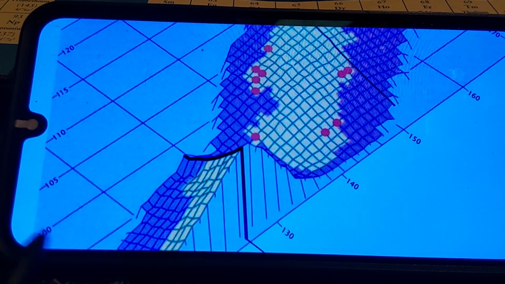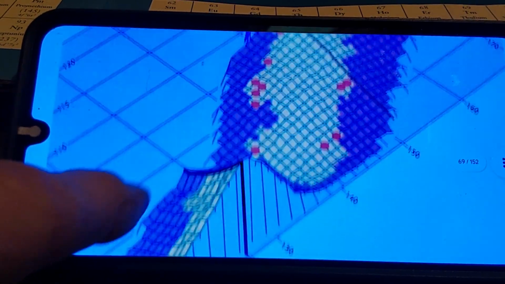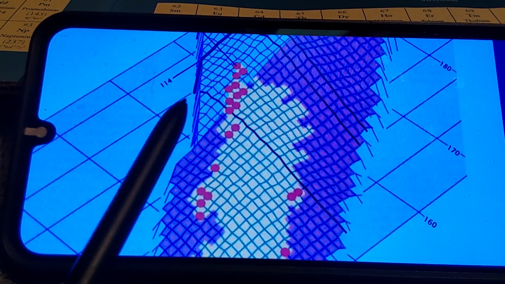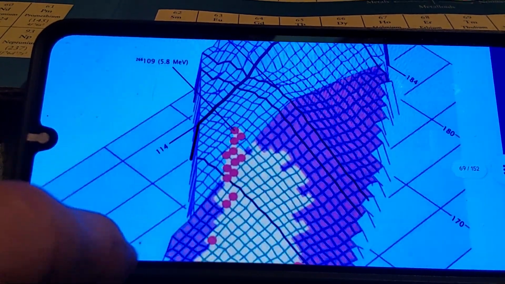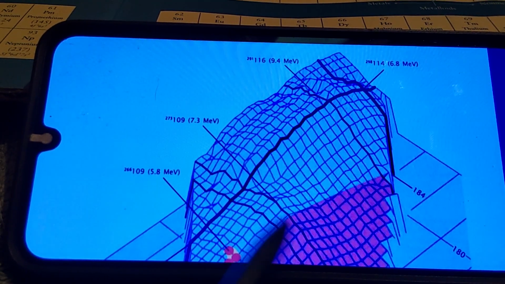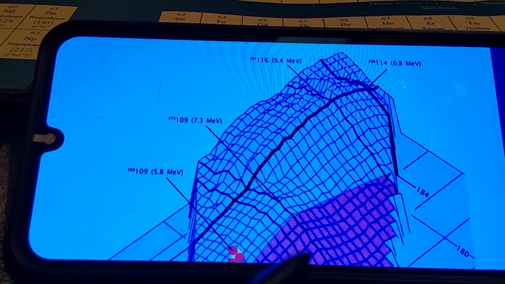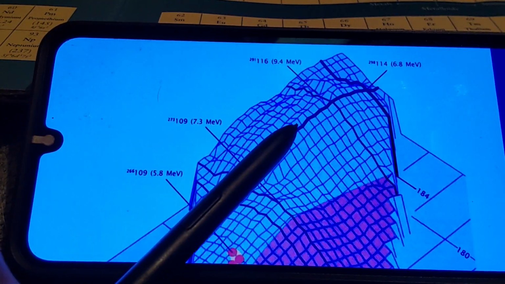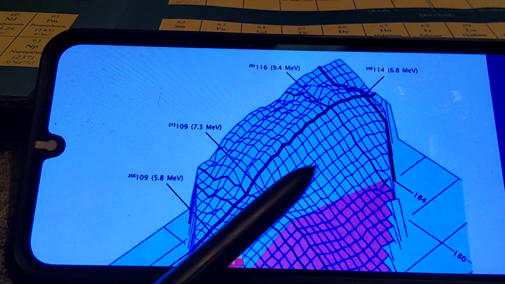And here you have the elements 100, 105, 110, and 115. As you can see, if you follow the line over, right here. But they use 114 as an example. So if it's bombarded, like Bob Lazar says, they bombard the nucleus with protons, and it increases in atomic weight. And as it increases, it stabilizes in this isle of stability right here.